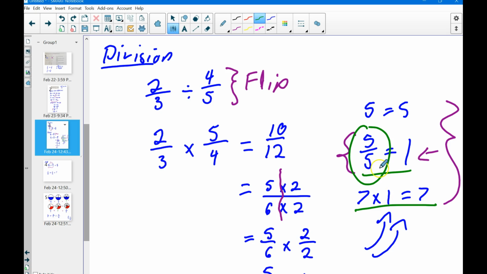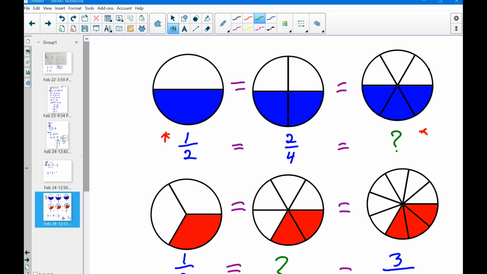So this is really key in defining common denominators, because you may not have this technology when you're doing a test to draw circles and do all those kinds of things.